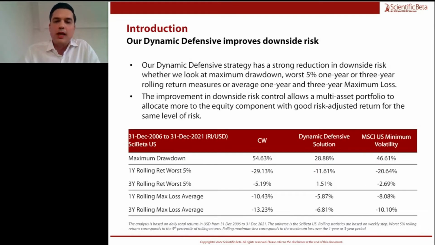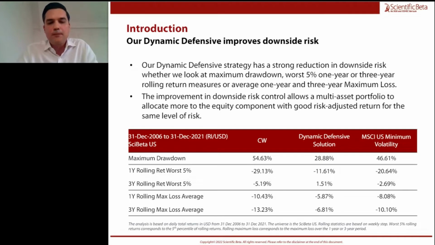To showcase this a bit more, in this slide we see a table which discusses some downside metrics for our dynamic defensive solution compared to MSCI min-vol and the traditional cap-weighted benchmark.